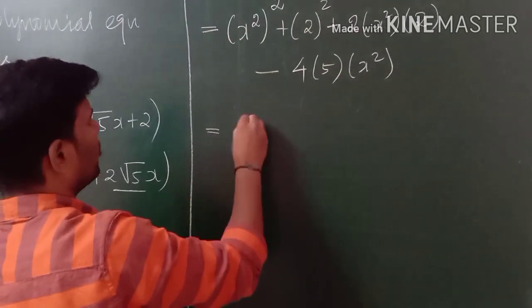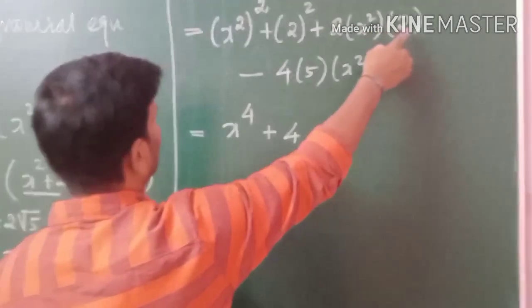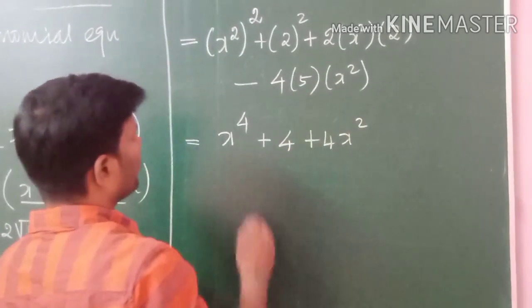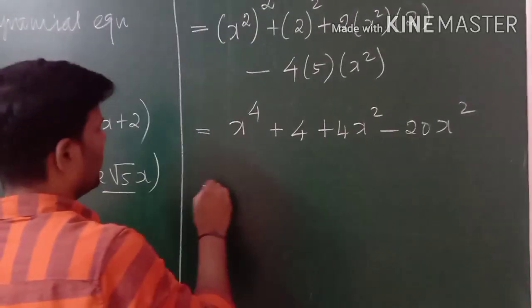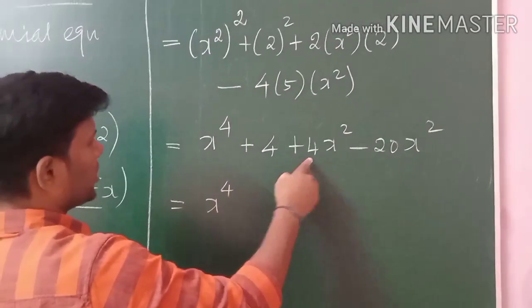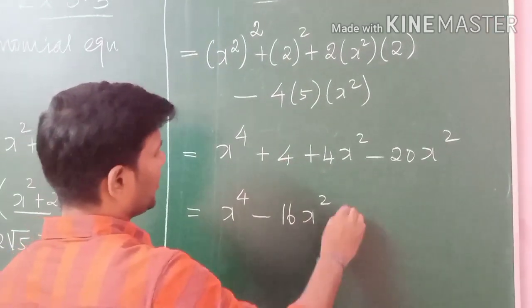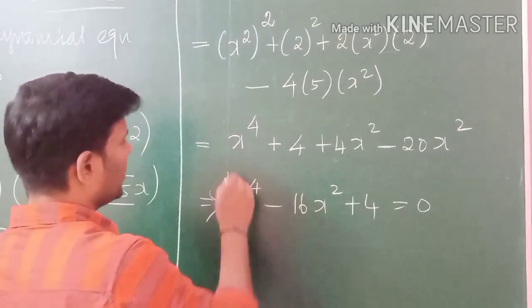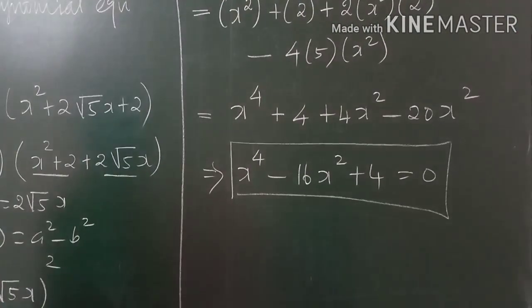So x square the whole square is x power 4, 2 square is 4, 2 2s are 4, 4 into x square, 4x square, then 4 5s are 20, so it is minus 20x square. So x power 4, 4x square minus 20x square, it is minus 16x square plus 4 equal to 0 is the required polynomial equation of degree 4.